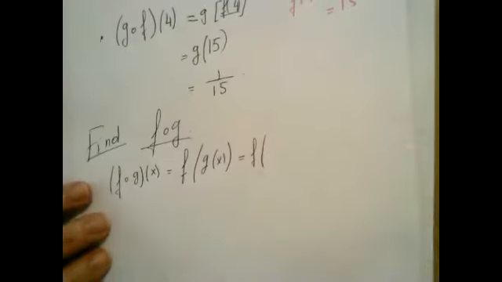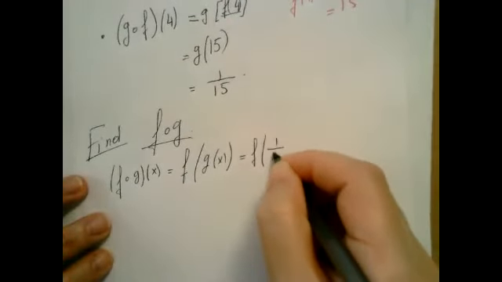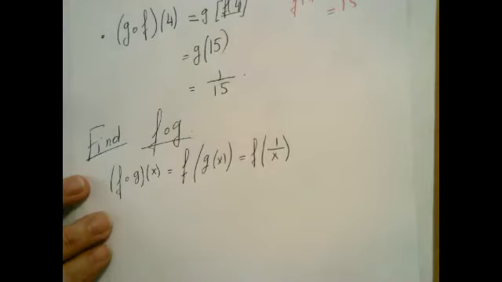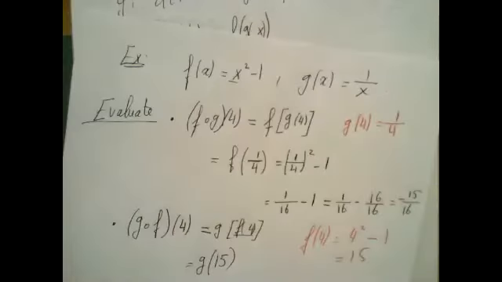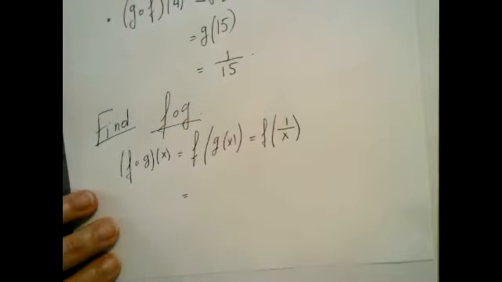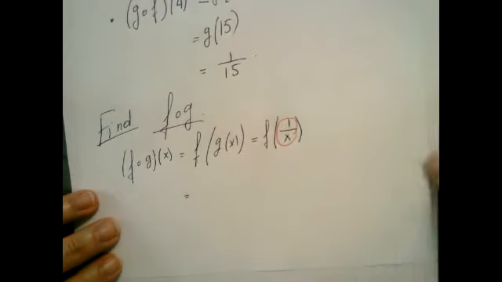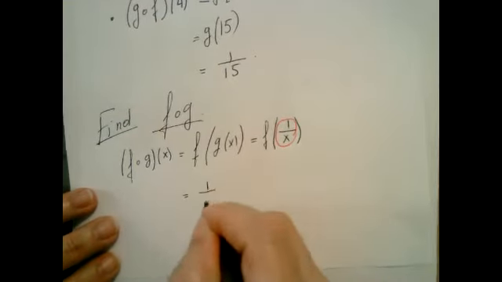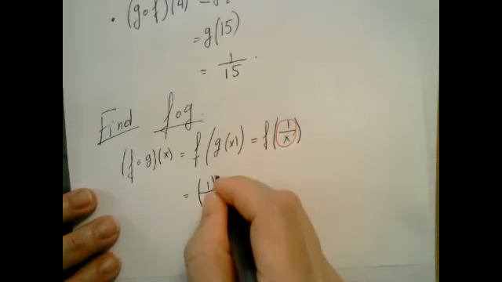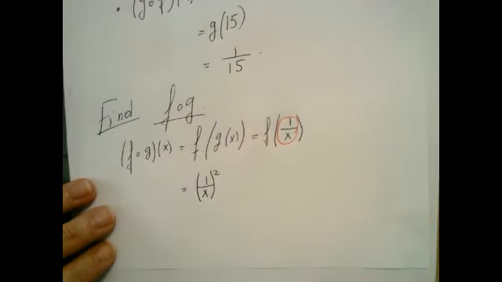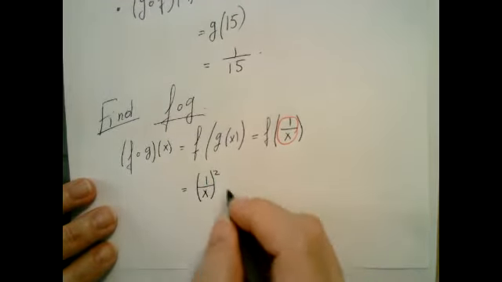So g of x is 1 over x. Now f will act on it. What does f do? f takes the input and squares it. That's my input now. It takes it and squares it. So whatever it is, it's going to square it, and then takes 1 away from it.